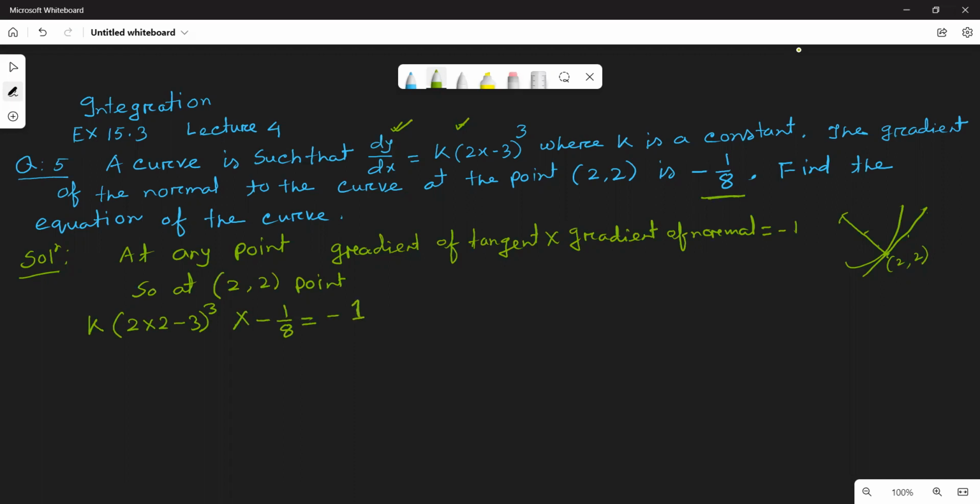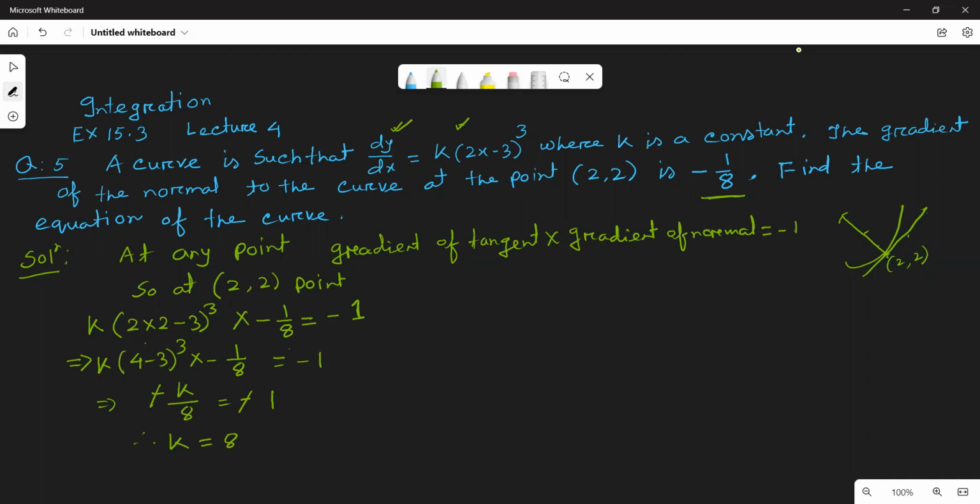Very important: gradient of tangent multiplied by gradient of normal equals minus 1. So k times (4 minus 3) to the power 3 times minus 1/8 equals minus 1. So we get minus k/8 equals minus 1. The minus signs cancel, so k equals 8.